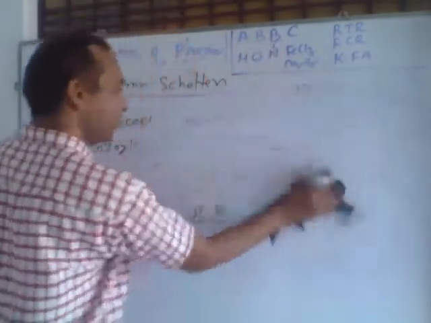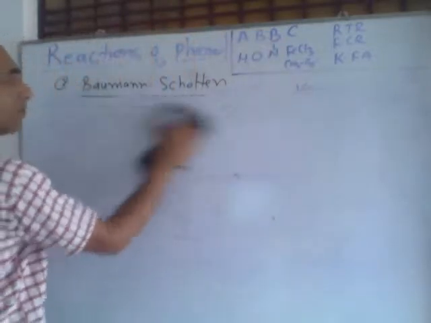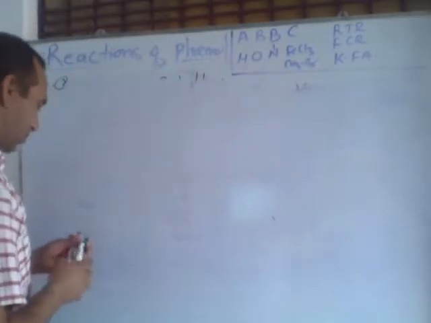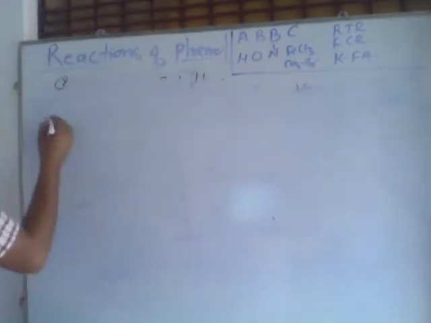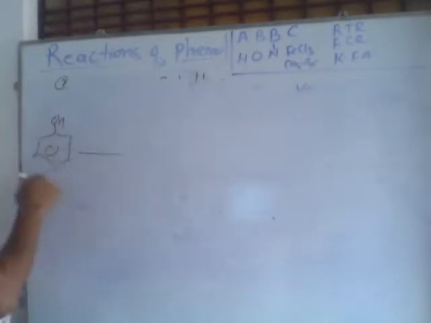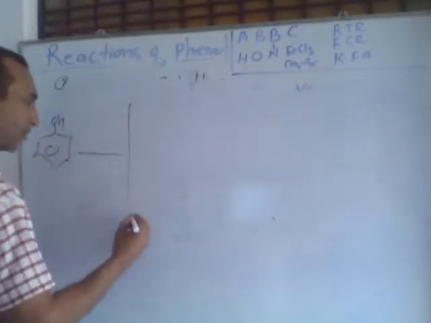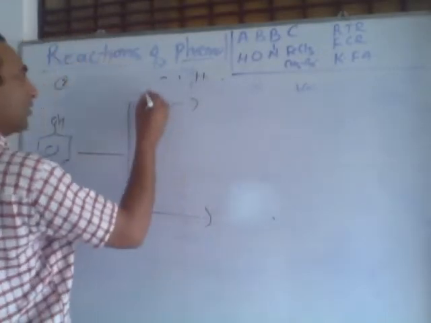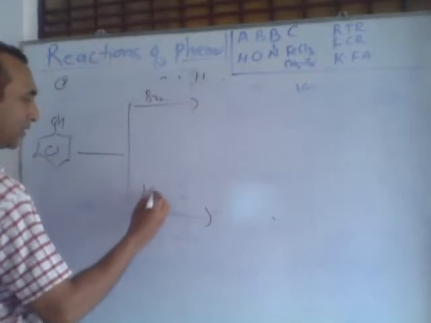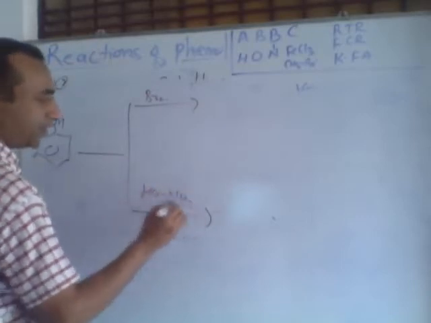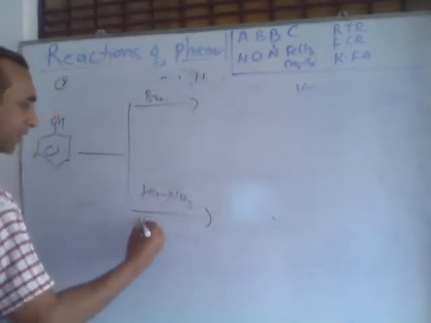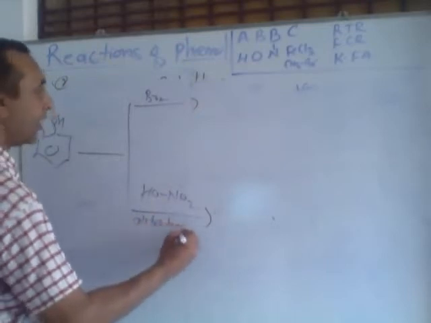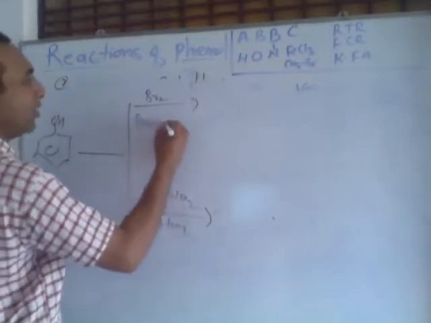Now the next reaction is bromination of phenol. This is phenol. These two are very similar reactions. This is bromination, and the reaction with nitric acid is called nitration.